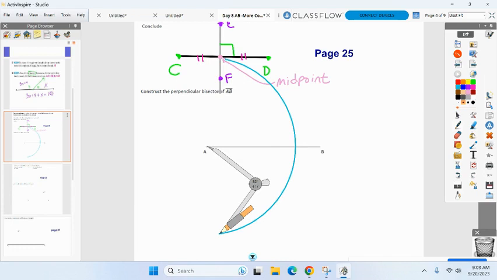Then you're going to come over to the other endpoint, same opening. How many points of intersection should I have? Two, not one. A lot of people on the quiz just stopped right here. You need something else to line it up with. That's your second point. Keep going.